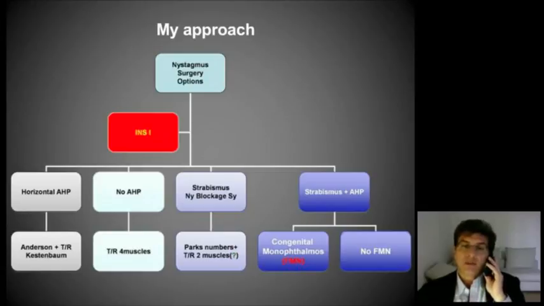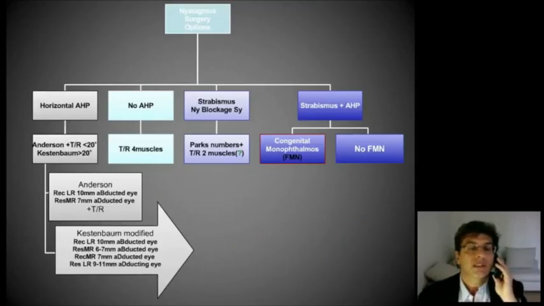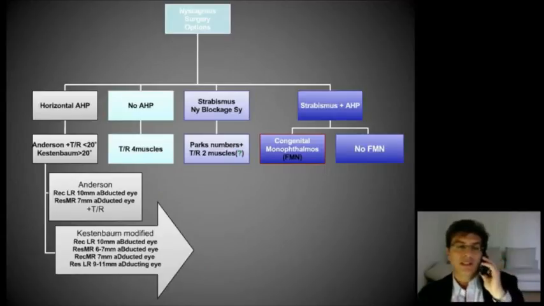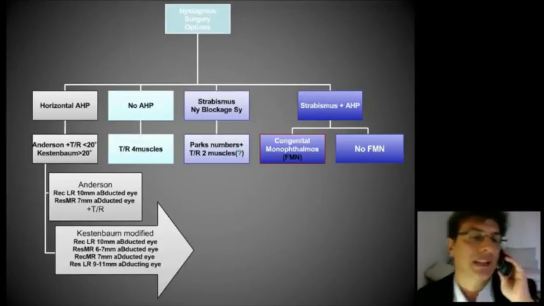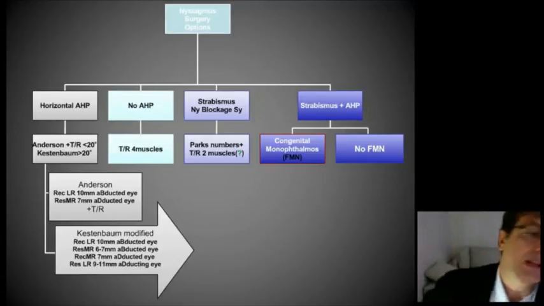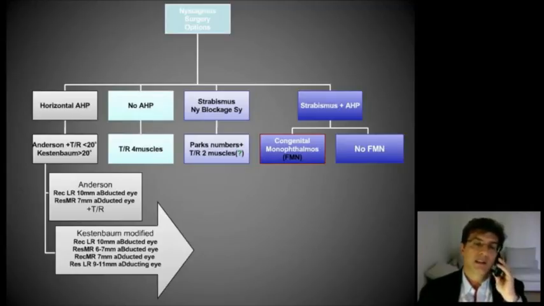Treating the strabismus with anomalous head posture is something different, and it depends on the... Let me see, go through this. If you are interested in numbers, here are the numbers. With the Anderson procedure, I do the recession of the lateral rectus of 10 millimeters of the abducting eye and resection of the medial rectus of 7 millimeters of the adducting eye, plus tenotomy and reattachment.